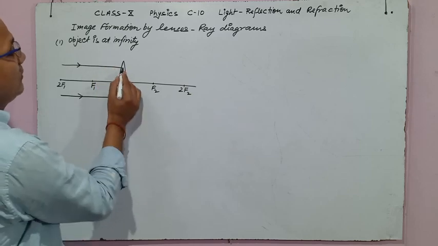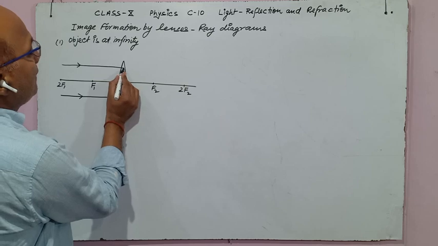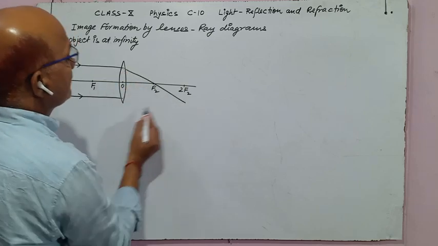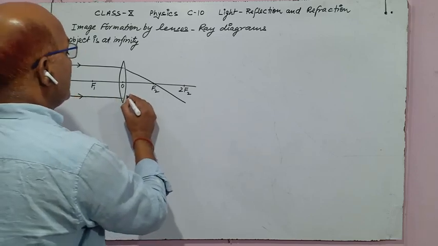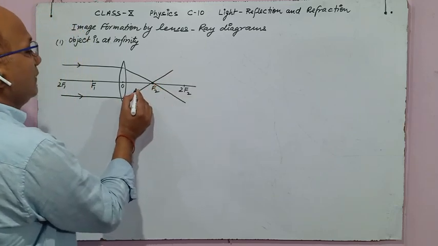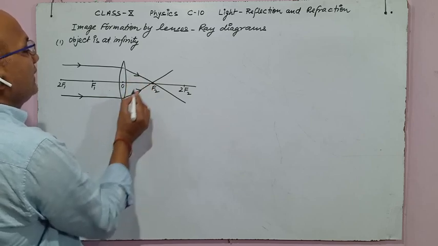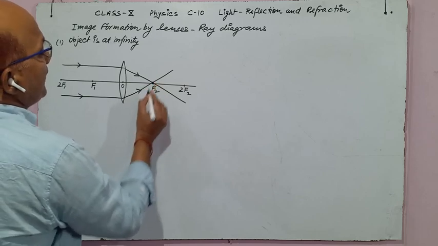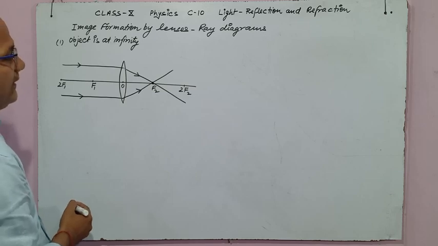So after passing through the lens, from where does it go? It will pass through the principal focus like this. And for this ray also, it will pass through principal focus at this point. Make arrow on both the side. So at this point, means at F2, the two rays are intersecting.